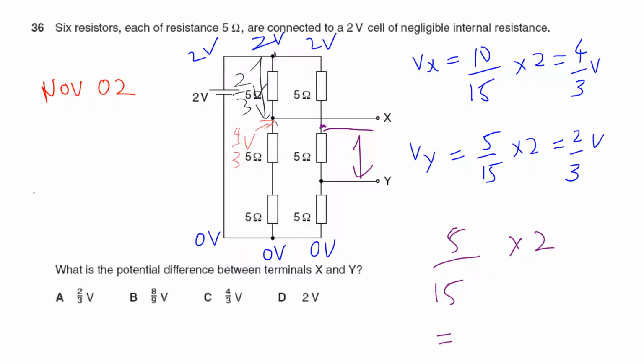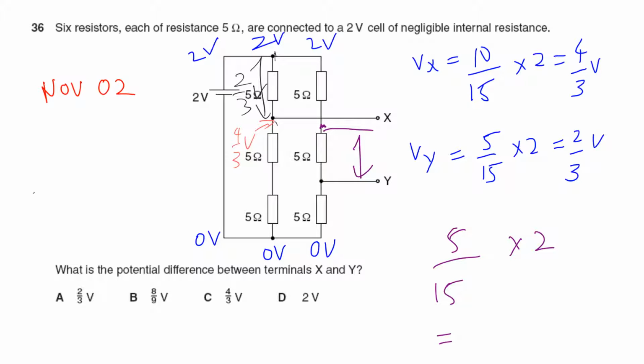So let's say I want to take the total PD across here. I combine these 2 into one resistance, which is 10. So 10 over total resistance 15, 10 over 15 times total PD 2, I get 4 over 3 volts, right? So what it means is the PD between these 2 points is 4 over 3 volts. Since this is 0, the difference is 4 over 3, so this has to be 4 over 3.